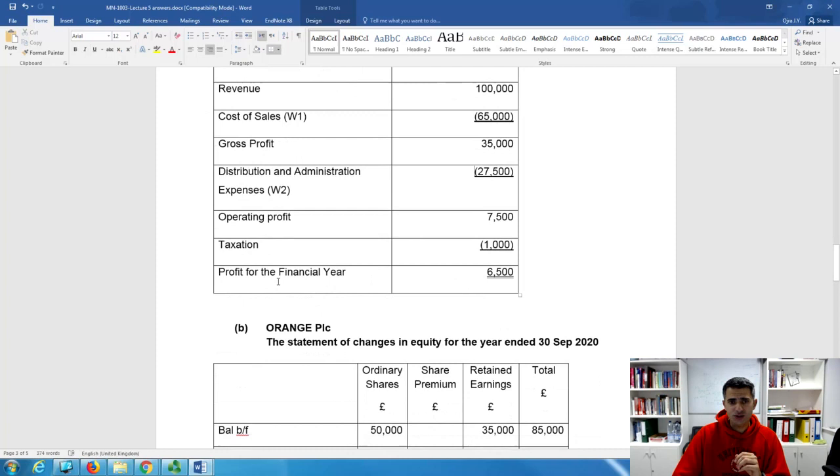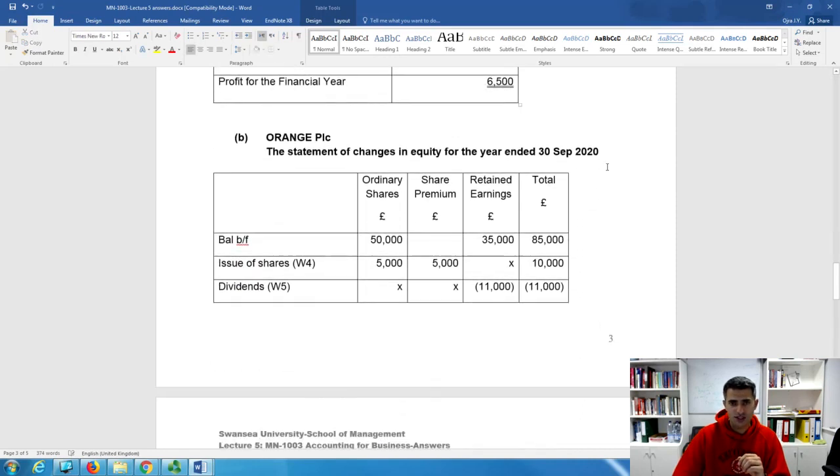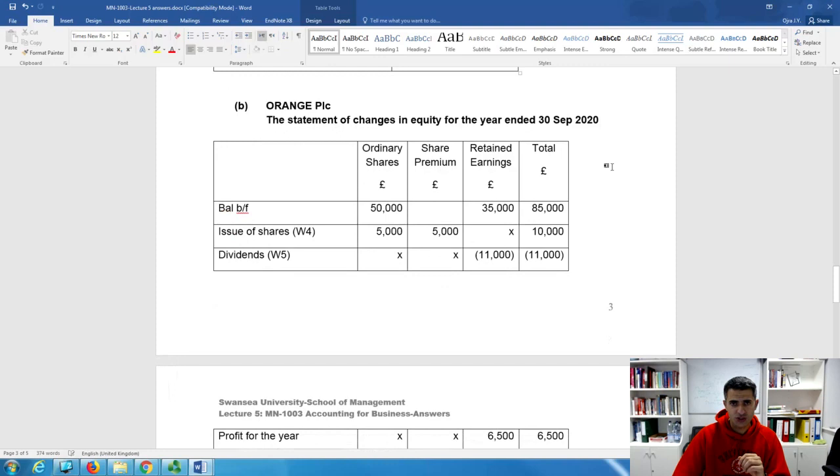So the total profit for the year is 6,500 pounds.